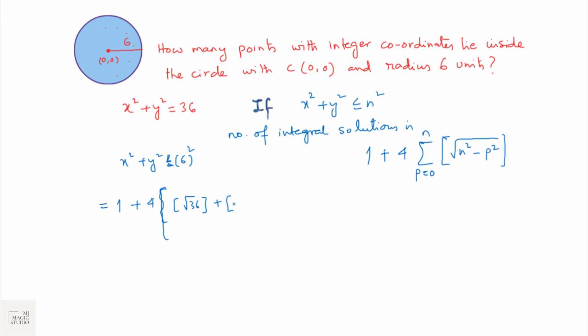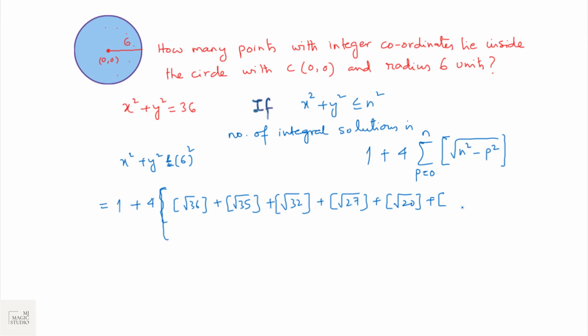Then p is 1, root 35. Then p is 2, 36 minus 4 would be 32. Then 3, 9: 36 minus 9 is 27. Then 4, 16: 36 minus 16 is 20.